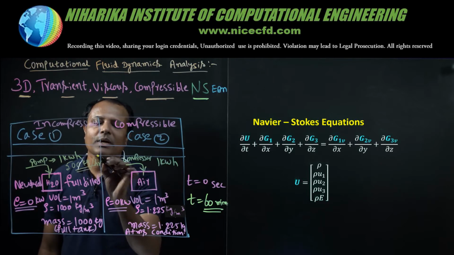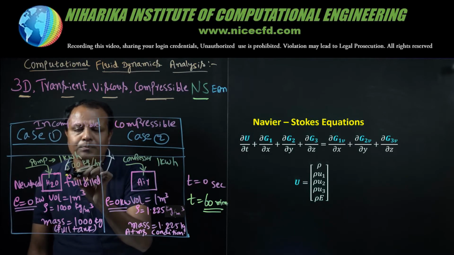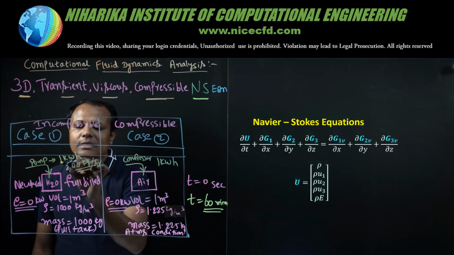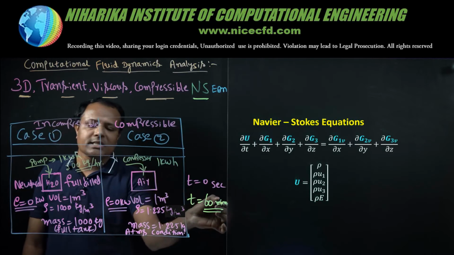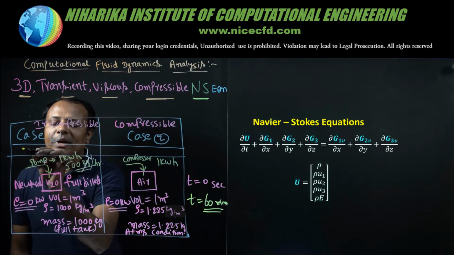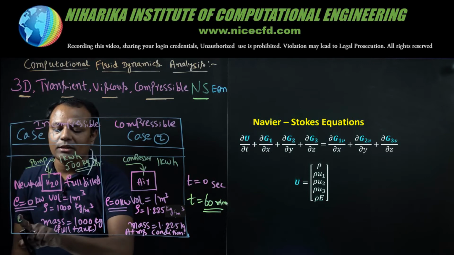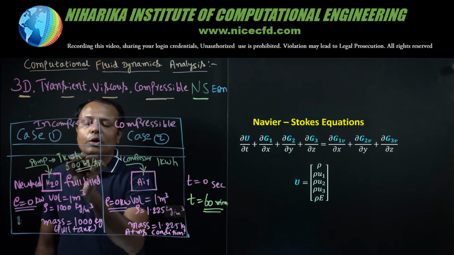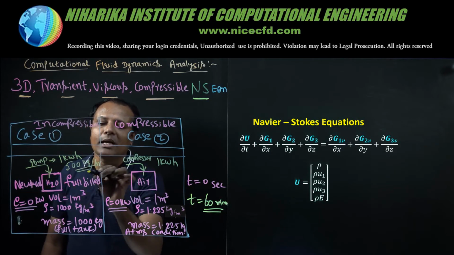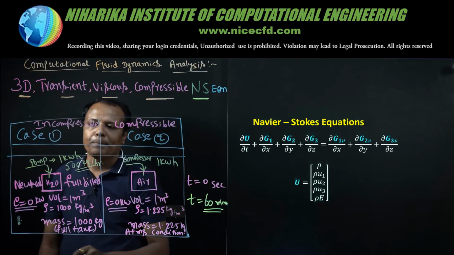So in 1 hour, your pump has consumed 1 kilowatt hour. The energy consumed by the pump is 1 kilowatt hour, and 500 kg of water is pumped into the tank.